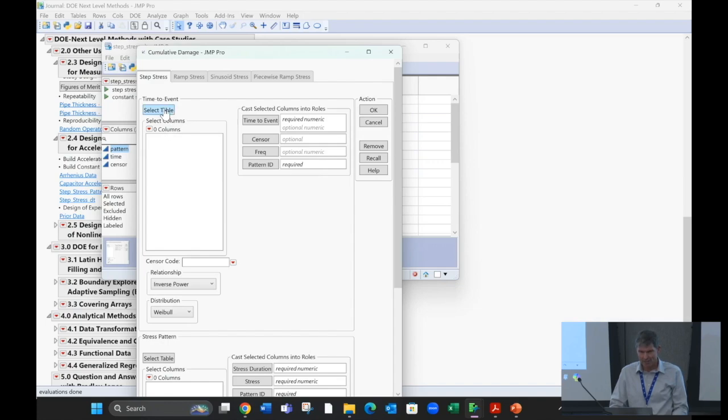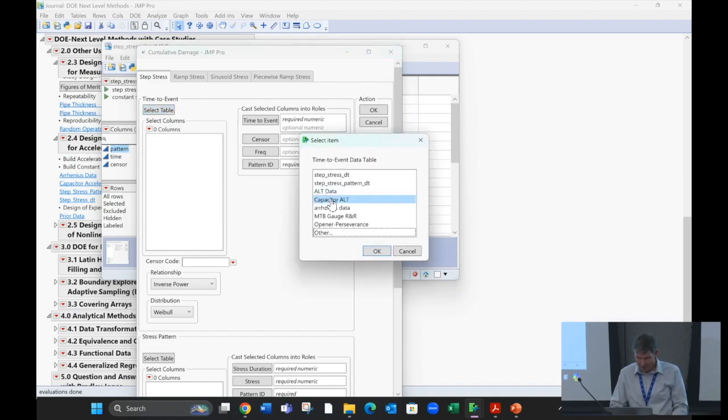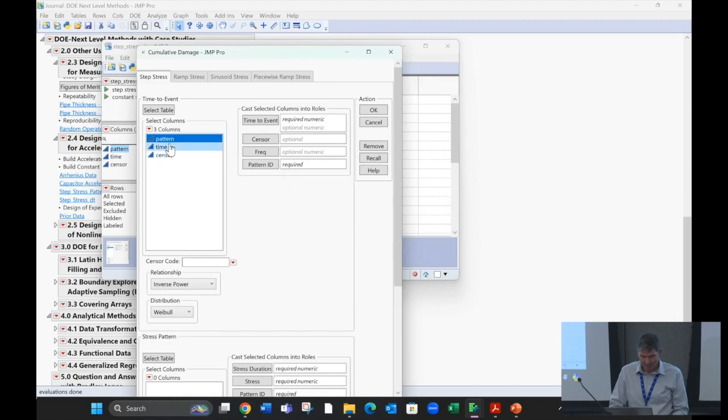Now I actually have to select a table. So the time to event table, that's going to be step stress DT. And my time to event is going to be time. Censor is going to be censor. And pattern is going to be pattern.